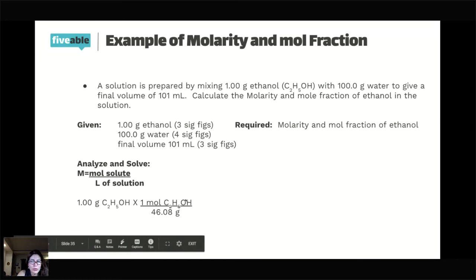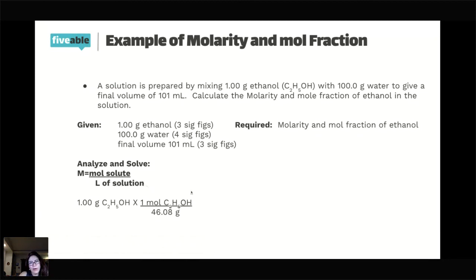Okay, we have moles already. Now, what do we need? From where do we get the liters of solution? Which volume should we use?